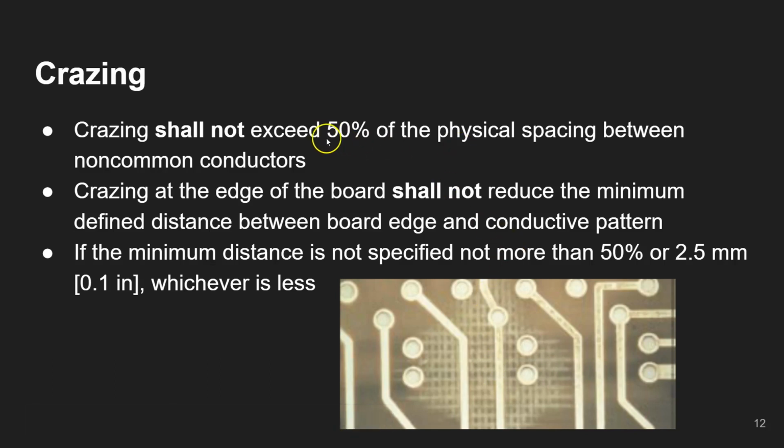Here some of the IPC standards are mentioned. For example, creasing shall not exceed 50% of the physical spacing between non-common conductors. Creasing at the edge of the board shall not reduce the minimum defined distance between the board edge and the conductive pattern. If the minimum distance is not specified, it should be not more than 50% or 2.5 mm, whichever is less.